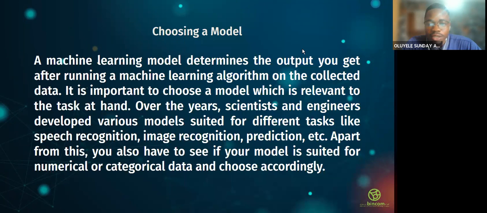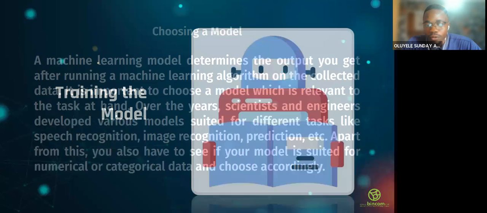A machine learning model determines the output you get after running a machine learning algorithm on the collected data. It is important to choose a model relevant to the task at hand. You cannot expect to use the same model you use for predicting price for image recognition. It won't work. So we need to know the kind of model that is suitable for the kind of problem we are trying to solve.